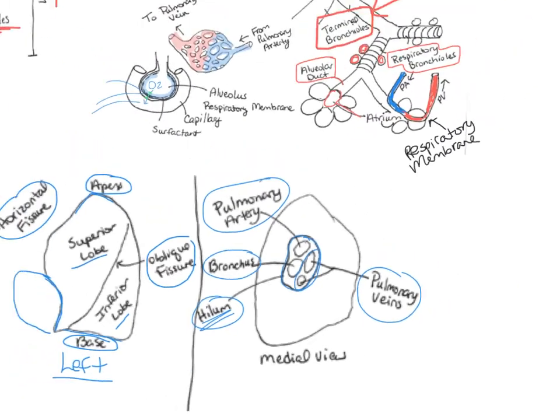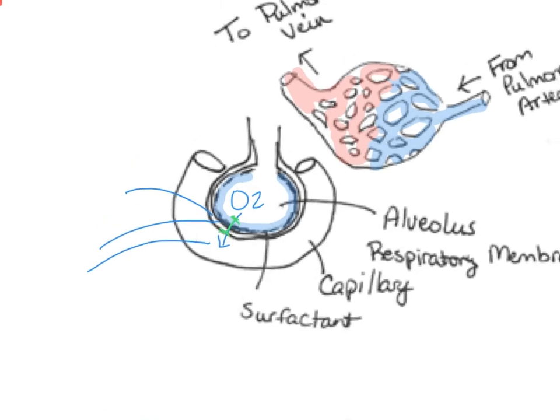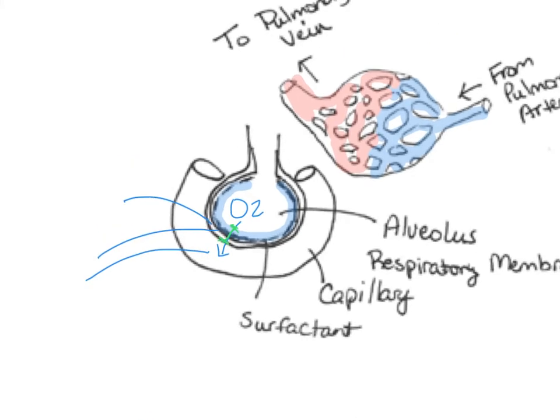Let's see, one more thing I want to go back and look at. This alveolus. Normally on the alveolus, there are cells that produce a substance called surfactant.